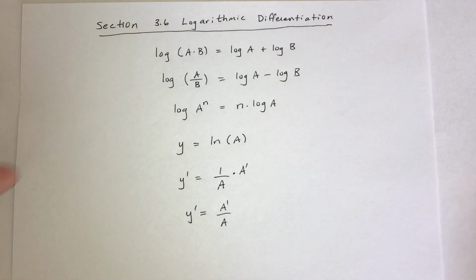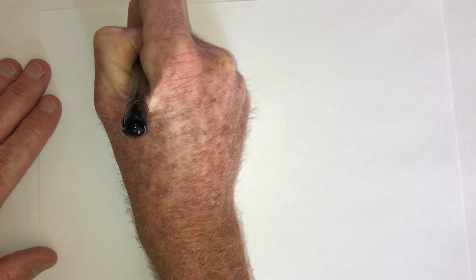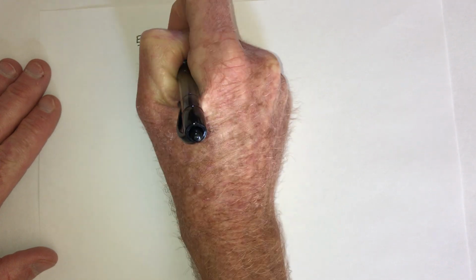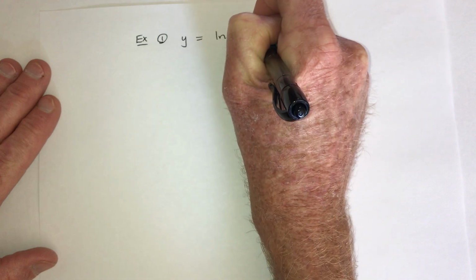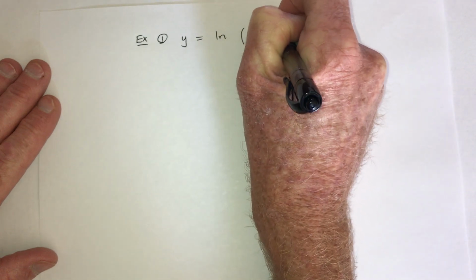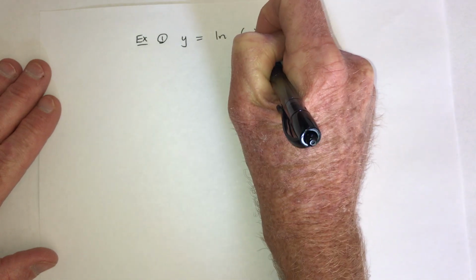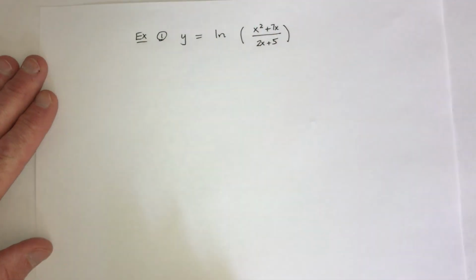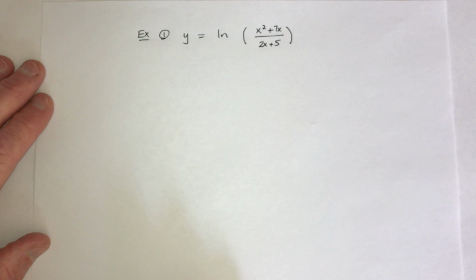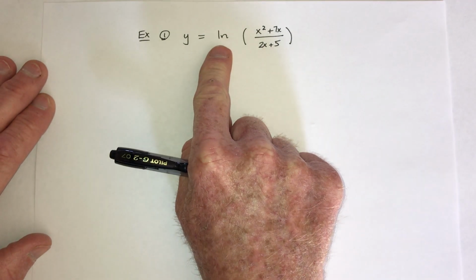Okay, then for example number 1. How about if the function is the natural log of x squared plus 7x divided by 2x plus 5. Now you could just go ahead and start taking the derivative.